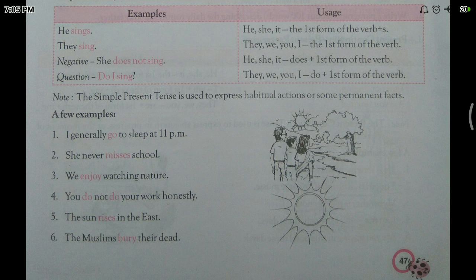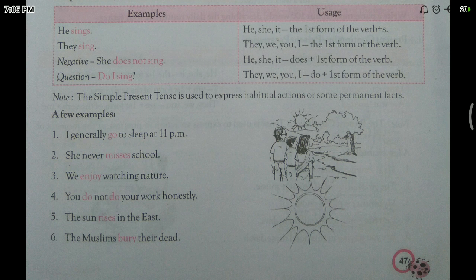Plural nouns like children, boys, girls, fathers, mothers, and so on. What is the exception here is I. Although I is a singular subject, it takes do not instead of does not.